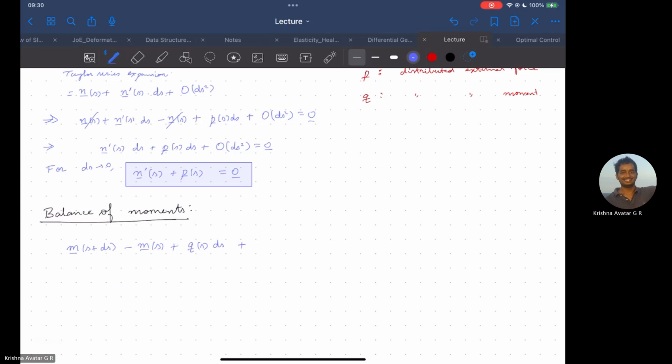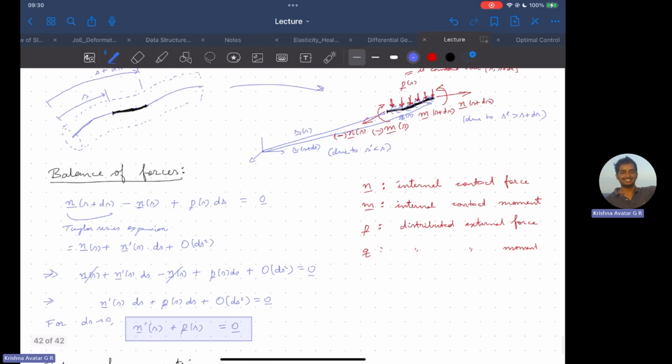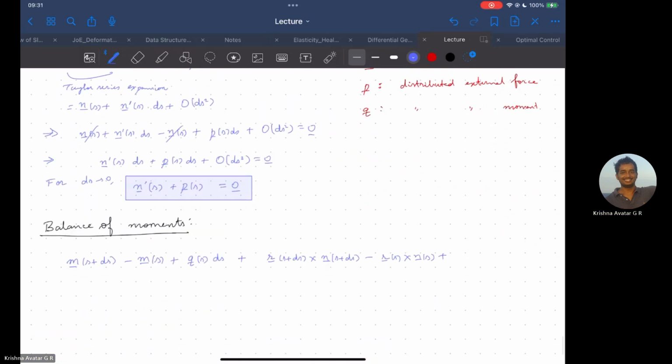Plus you'll have n vector of s plus ds cross r of s plus ds, so it happens to be the other way around, minus r of s cross n vector of s, plus you'll have this integral as well.